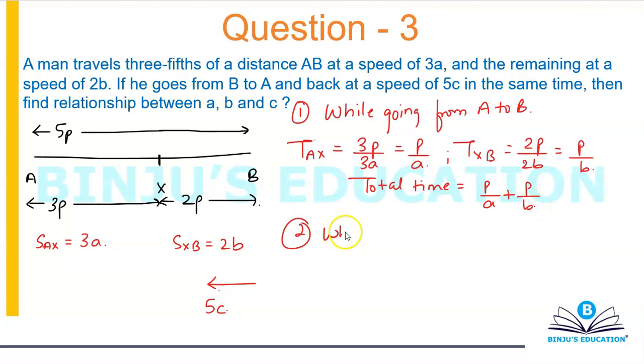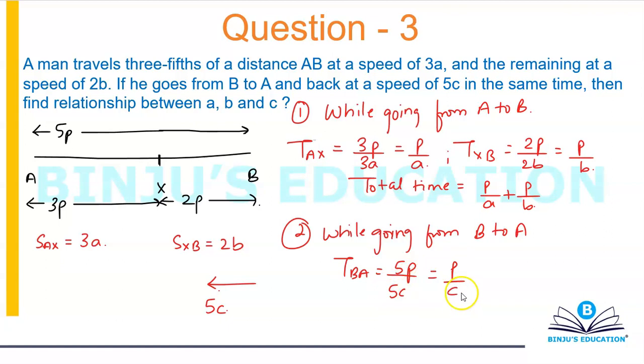And then while going from B to A, the time taken will be simply the distance, which is 5P, divided by the average speed, that is 5C, which is equal to P by C. Now the question says that he goes back from B to A in the same time.